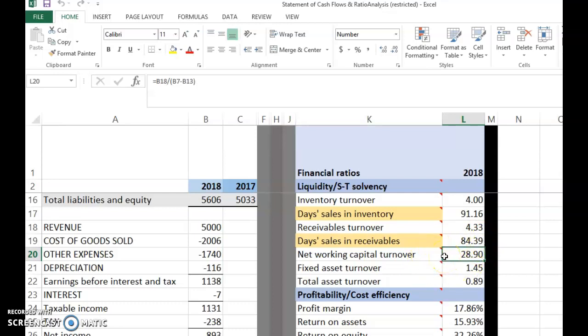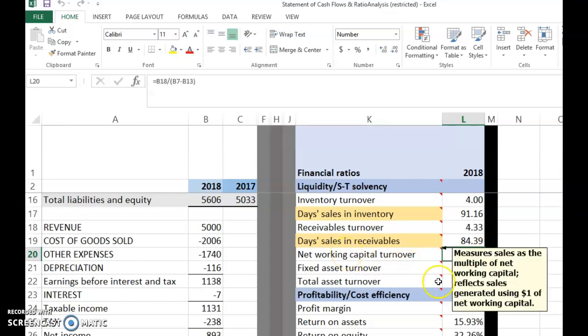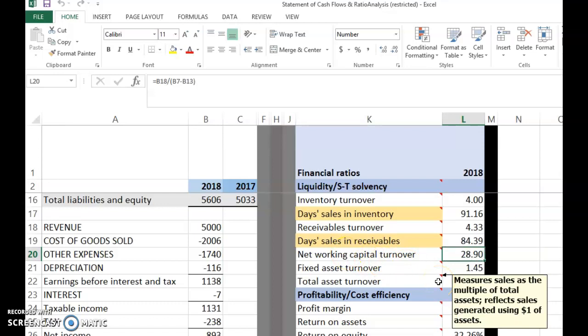You can interpret this as using $1 of net working capital, meaning when your current assets are $1 more than your current liabilities, the company can generate $28.90 of sales. That's the implication of this net working capital turnover.